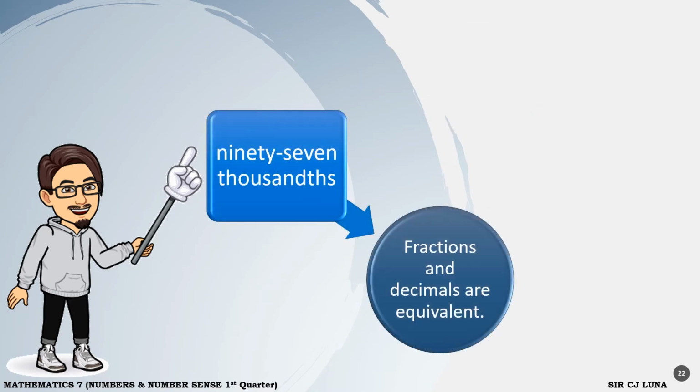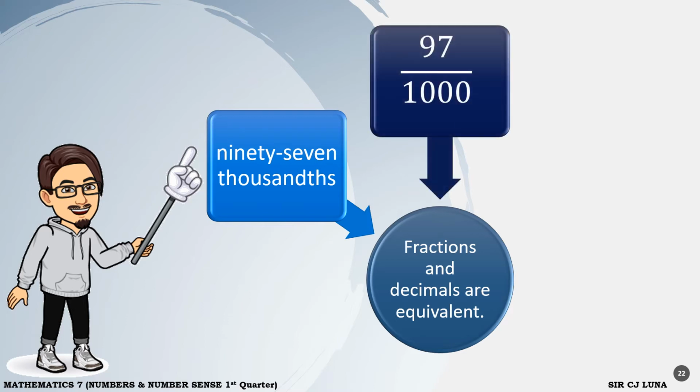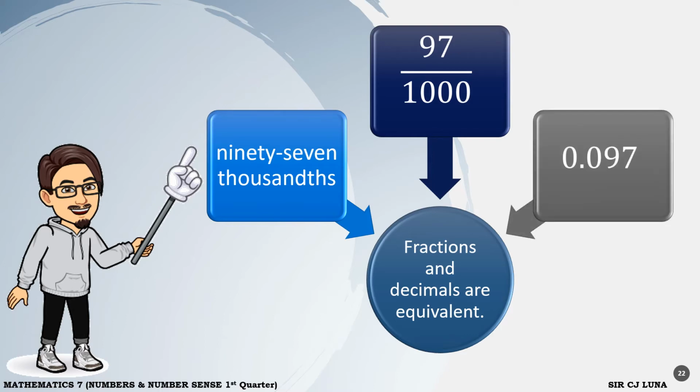Example number 3, 97 thousandths. So ano kaya ang itsura ng 97 thousandths sa fraction? Okay, tama. This is 97 over 1,000. Or in decimal, we have 0.097.